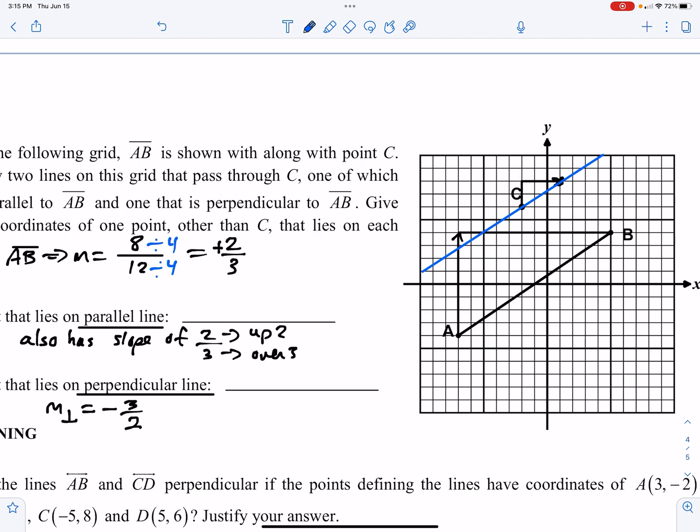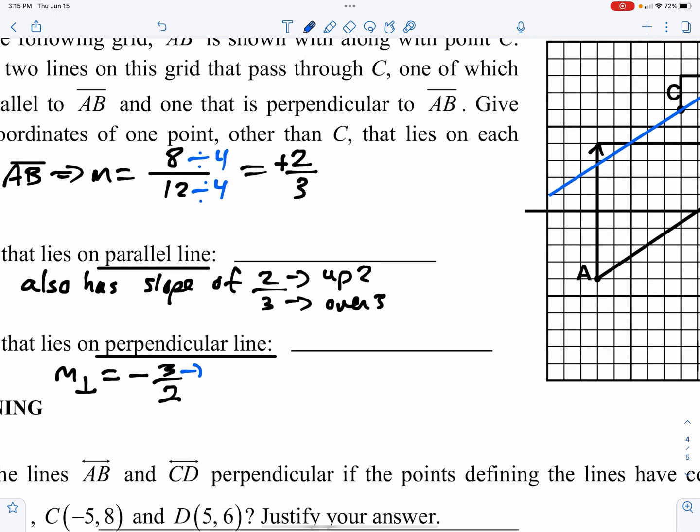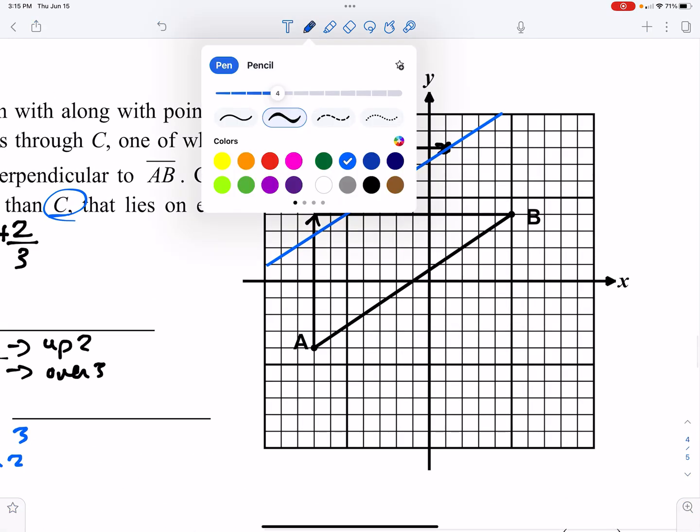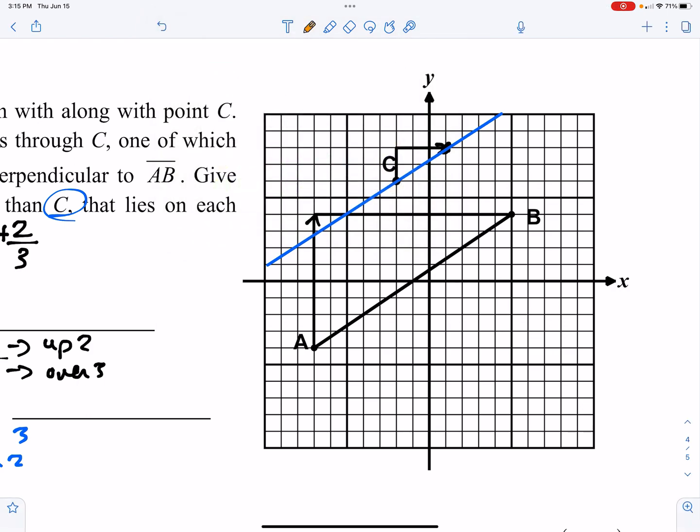Now the perpendicular line, I'm going to go down 3. This is from point C, mind you. Down 3 and over 2. Let's use a different color. Let's go orange. Okay, so I'm going to go down 3, 1, 2, 3, over 2, down 2. That puts me right there.